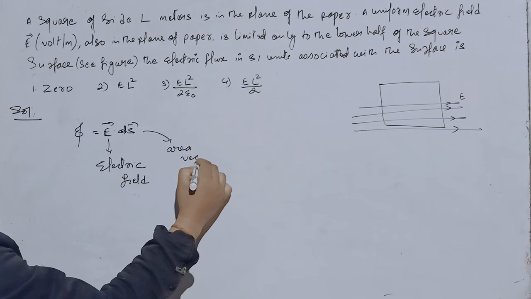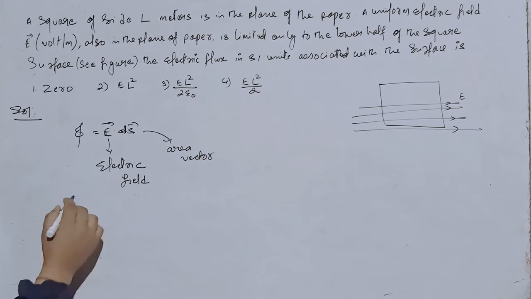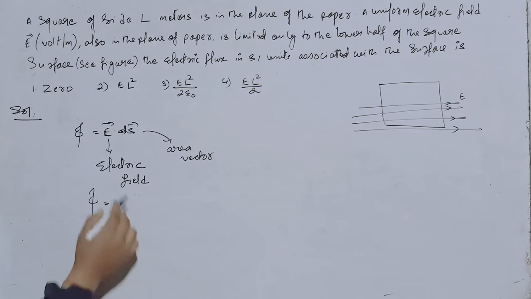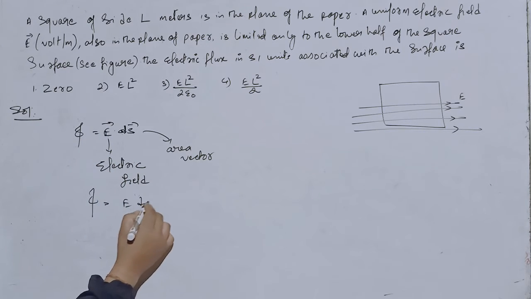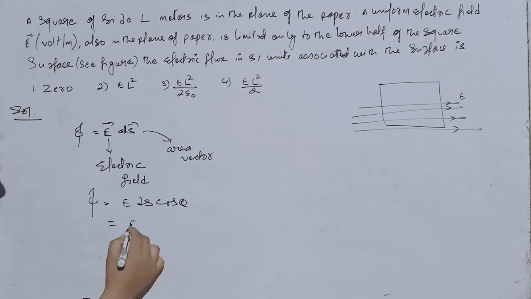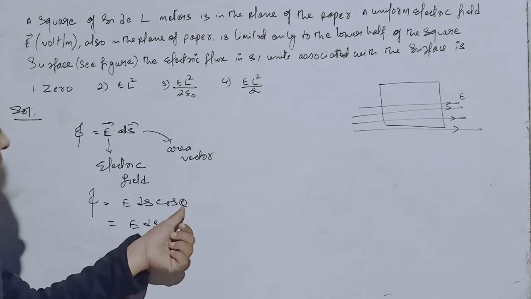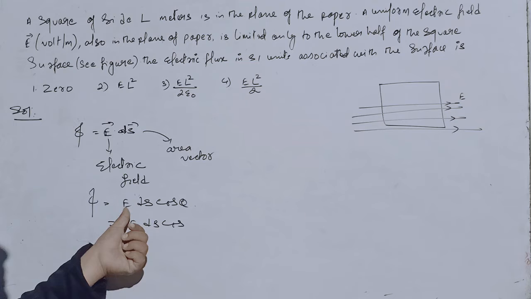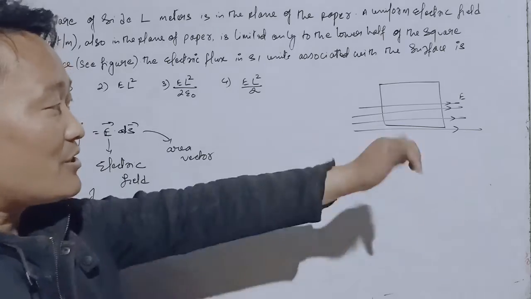Since it is a dot product, flux is equal to E dS cos theta. Now what will the angle be? This angle is between the area vector and the field.